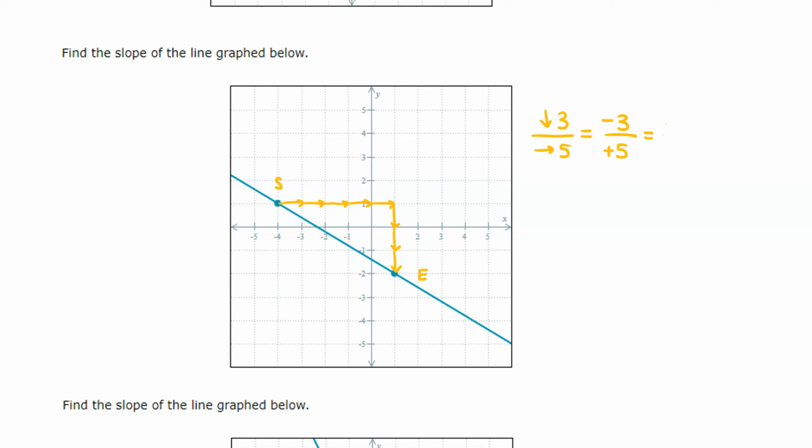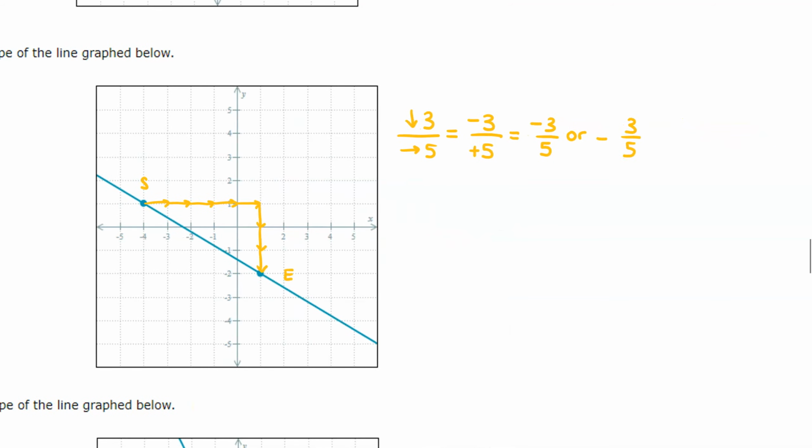So you could write this as negative 3/5, or you could write it as negative outside, and then 3/5. Or technically, 3 over -5 is also correct, but customarily we would write it one of these ways, with the negative on the top or the negative on the outside, not generally negative on the bottom.